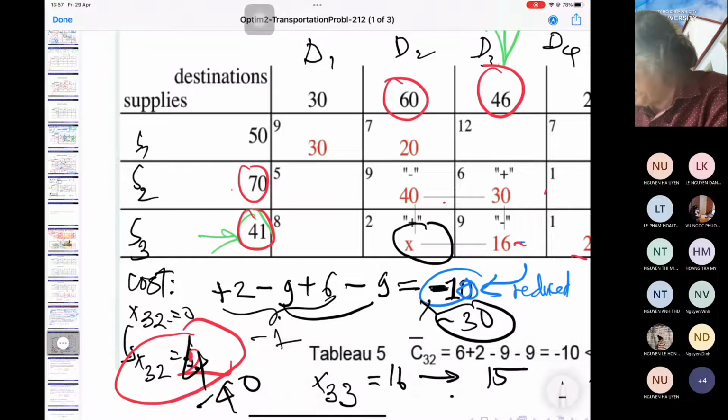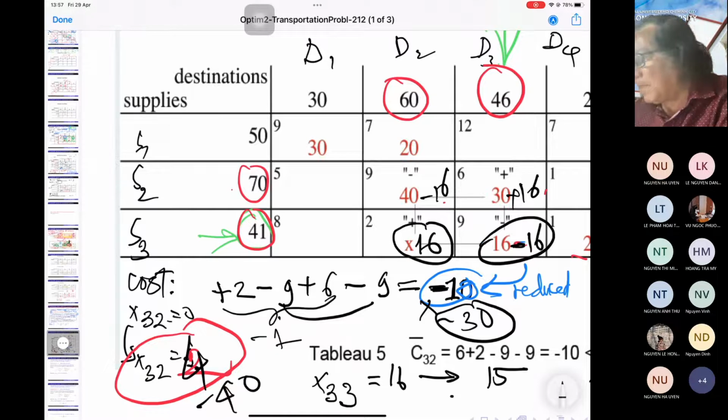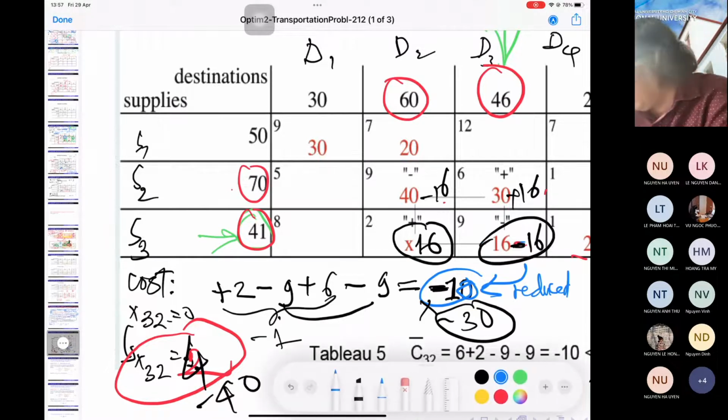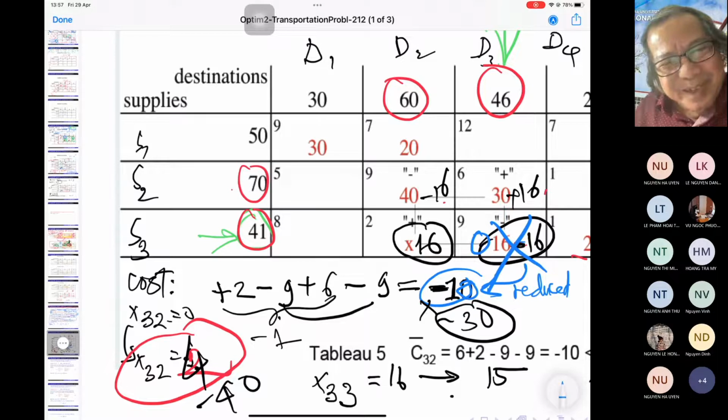Why? Because you move here 16 and here is 16, minus 16, and here plus 16, and here minus 16. Is that okay? And this cell becomes 0, and then you cannot move 17. You see? You cannot move 17. You move that 16.